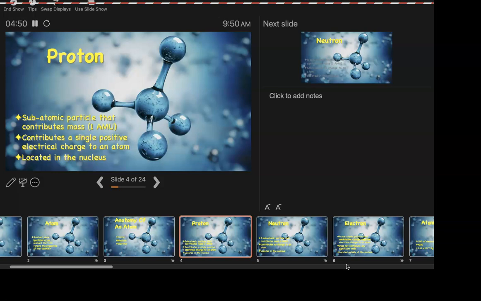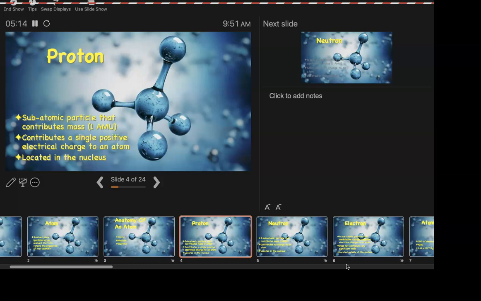So what's its mass? 1. All right. What's its charge? Pretend you can't see that. What's the charge on a proton? Yeah, positive. Awesome. All right. Proton's positive. PP. And where do protons live? Nucleus. Good. All right. Somebody mentioned nucleus earlier. I don't really think I have a slide for nucleus.